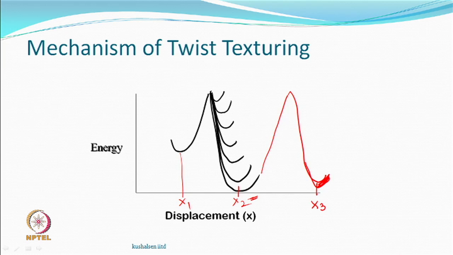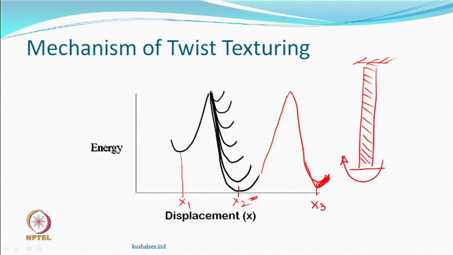And what is it? Suppose I have a yarn which was a twisted yarn, and I fix this up and give some force so that it gets untwisted.